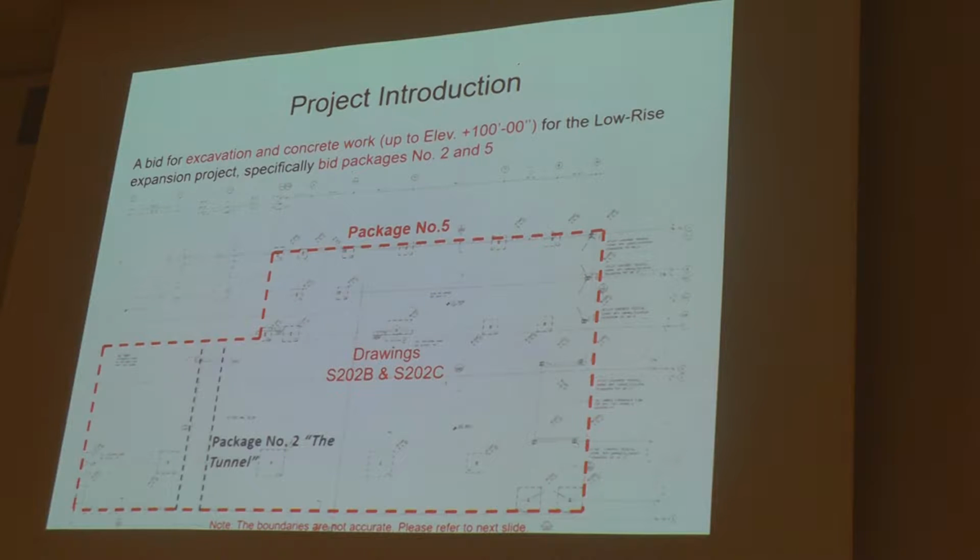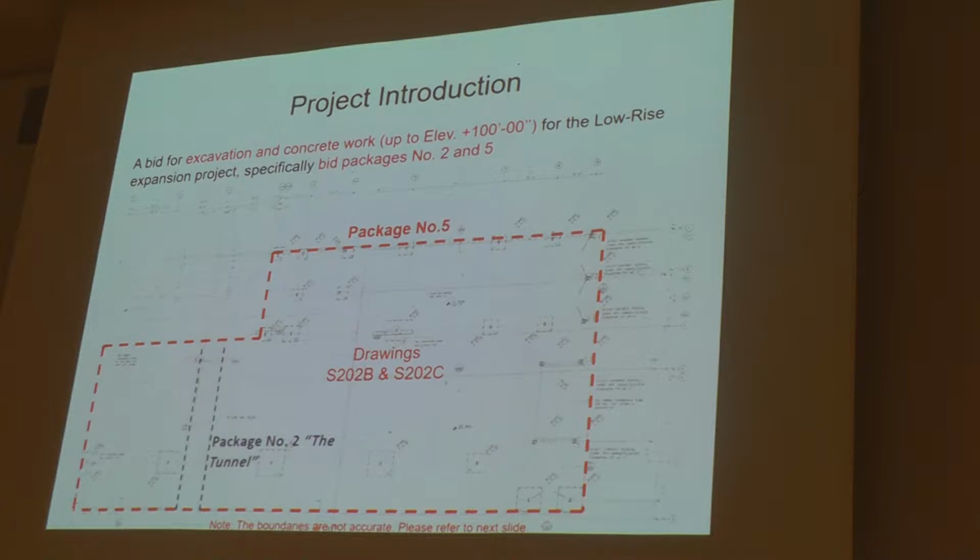Excavation work and concrete work will be our primary focus here. As you can see from the screen, we are going to do package number 5, which is shown in the red boundary. Also package number 2, the tunnel, which is indicated by the blue line.